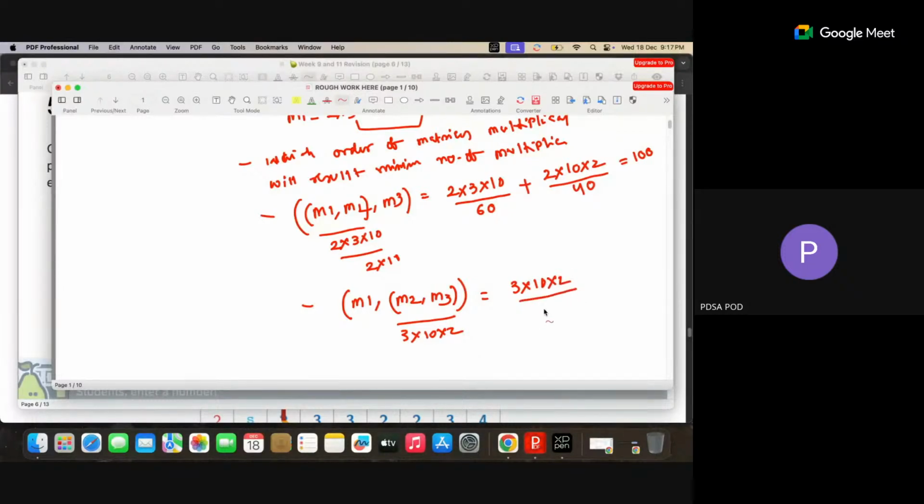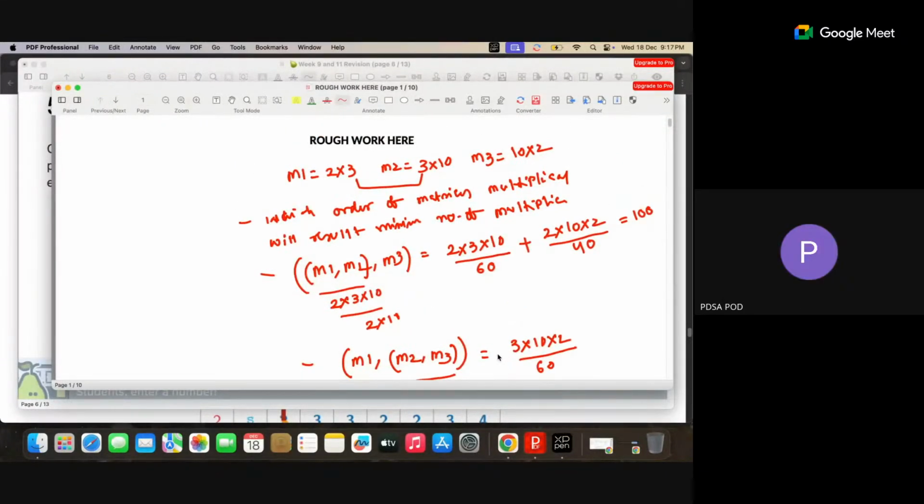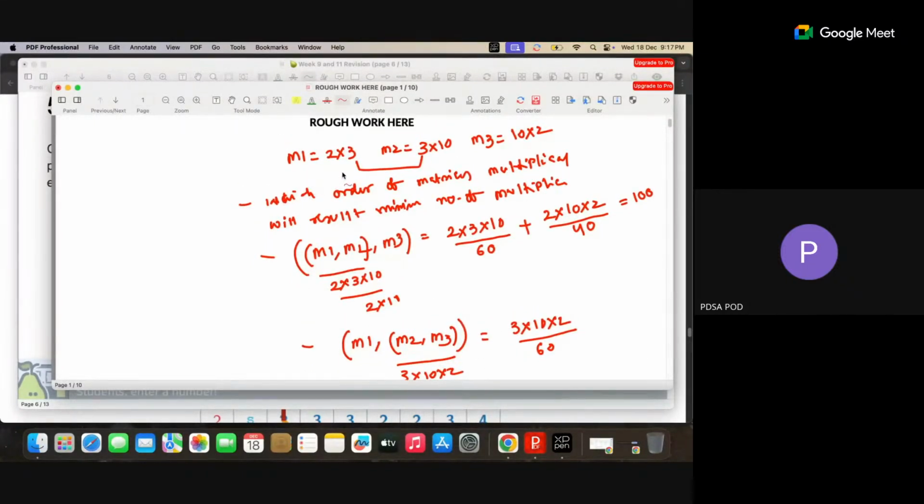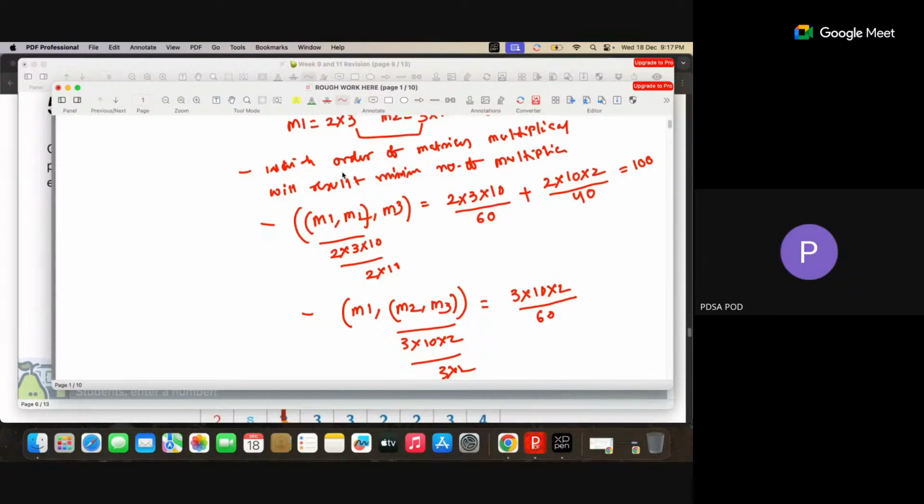These multiplications are 60. But the matrix size we get is 3 into 2 only. Now 3 into 2 is multiplied with 2 into 3.